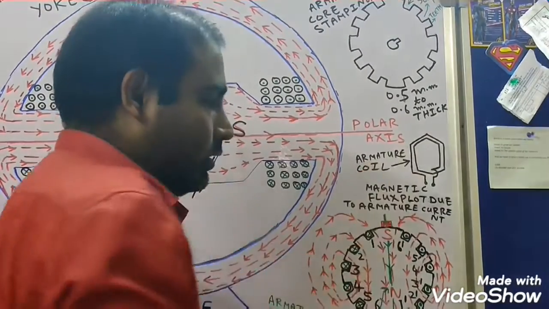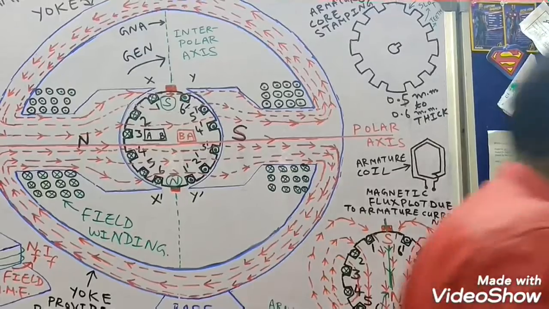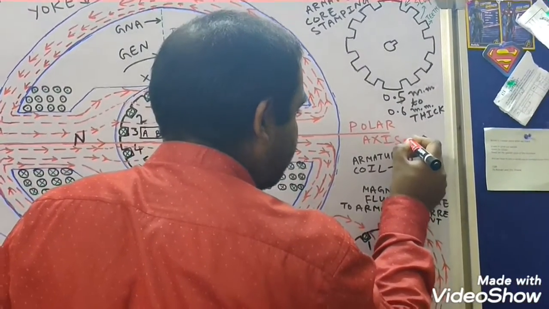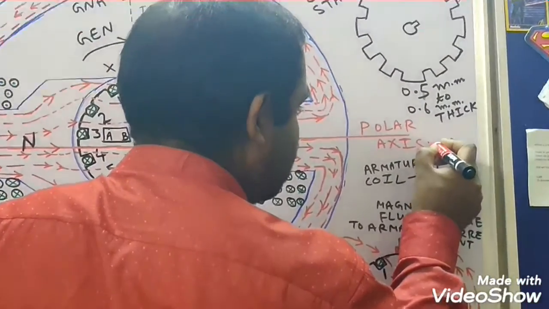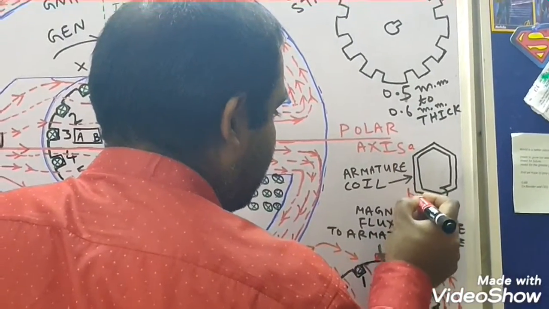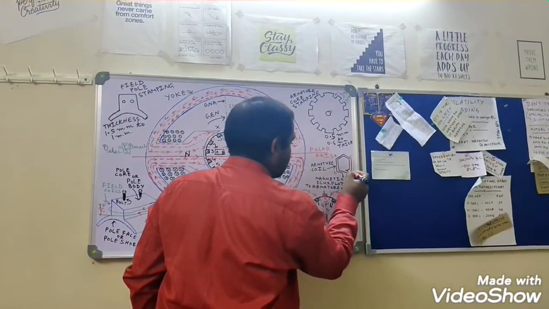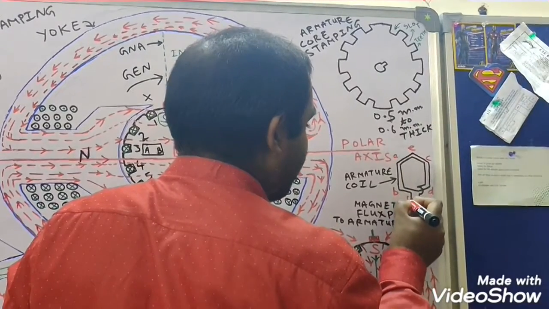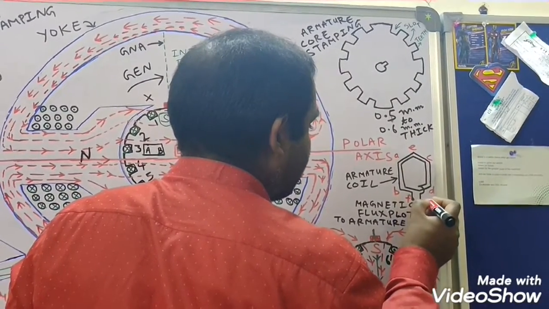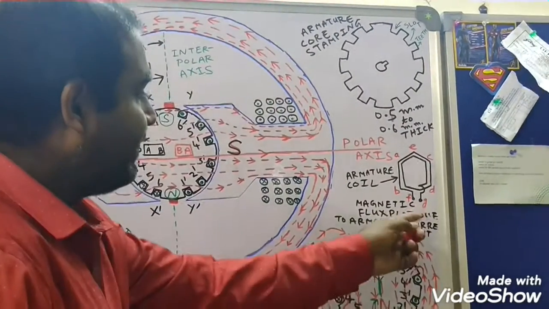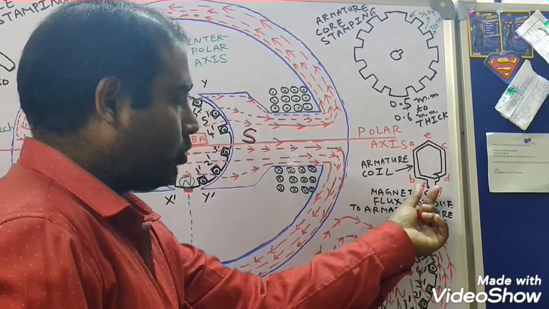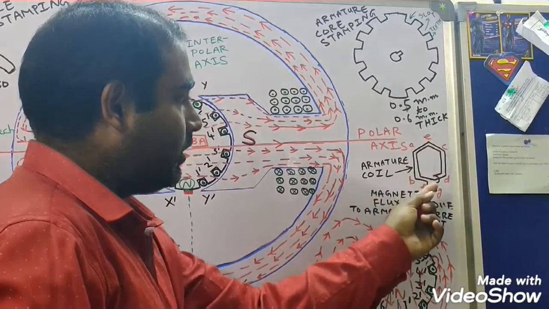This portion, if you allow me, I will label so that it's easier for us to communicate. Let's say these points are A, B, C, D, this point is E, and then F and G. F and G are the two ends, or the two terminals, of this coil.